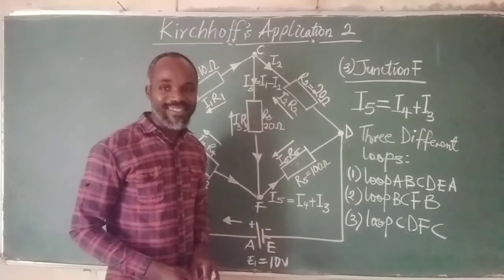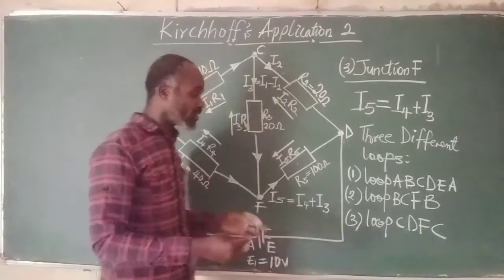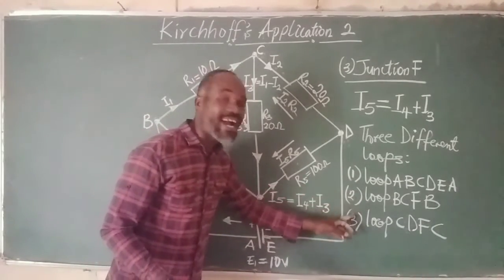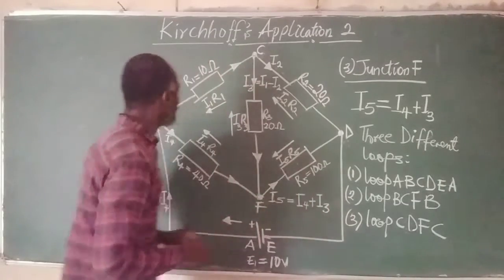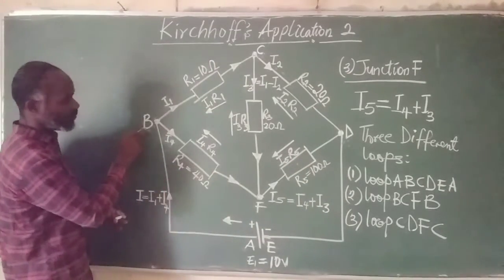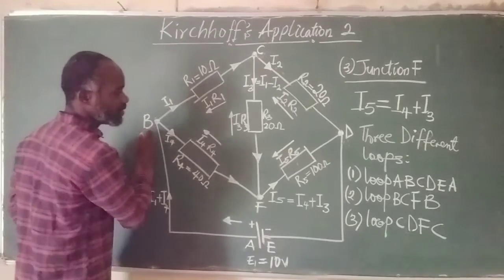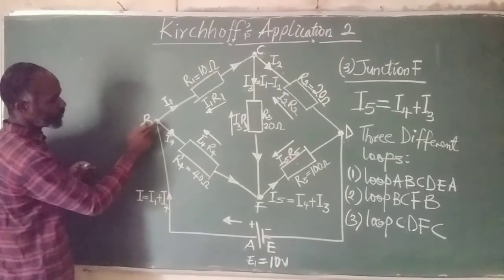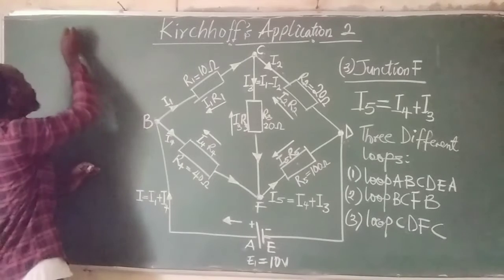So without wasting time, let's begin to consider the loops one at a time. The first loop we are going to consider is loop AB, and this junction. This junction is the loop we are going to consider.